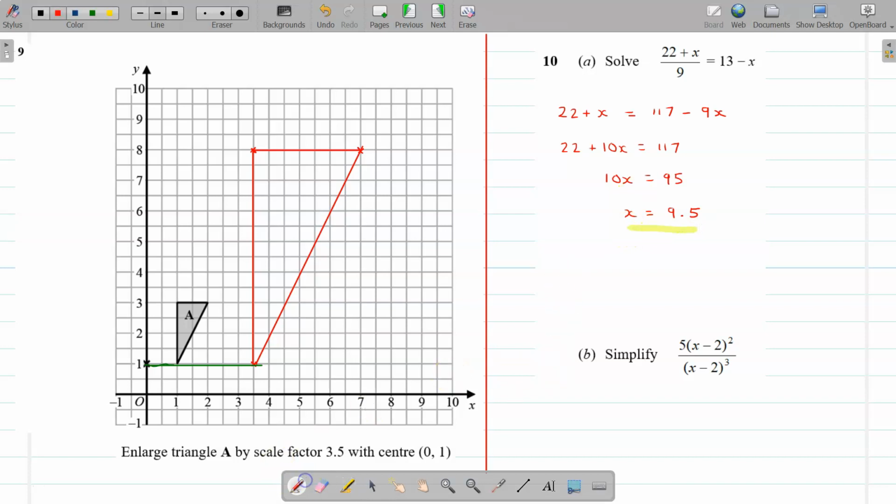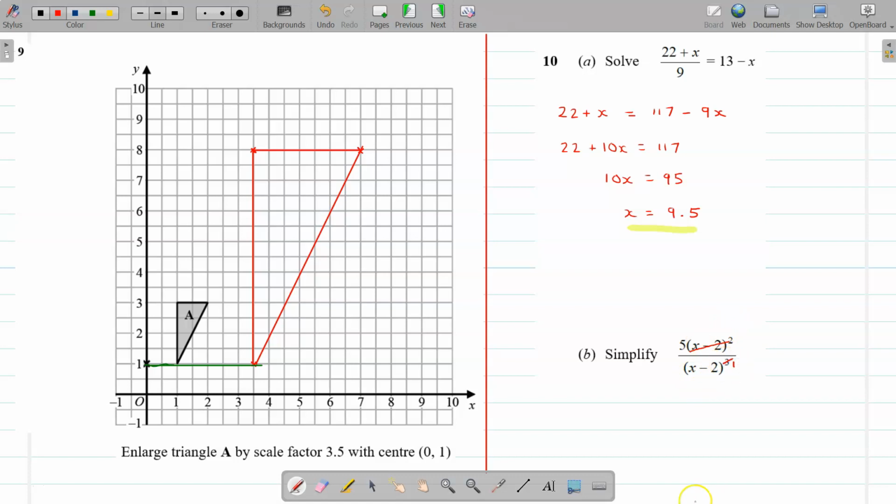Okay, next one, simplify. Well, hopefully you know that if you've got something squared and something cubed underneath it, you can cancel out an x minus 2 squared, and that would go, and this would just leave you with x minus 2 to the power 1.